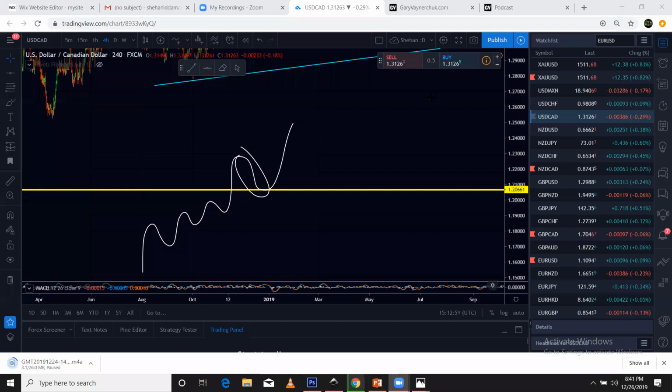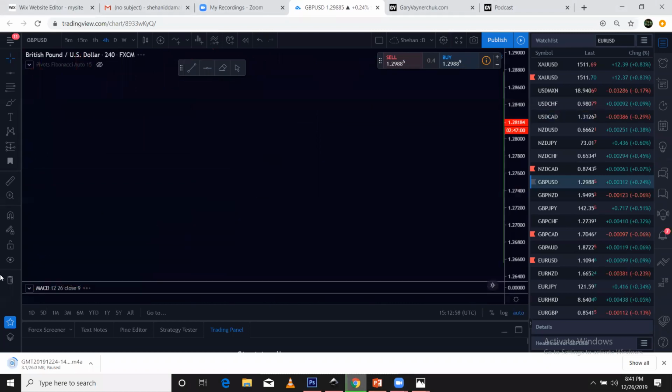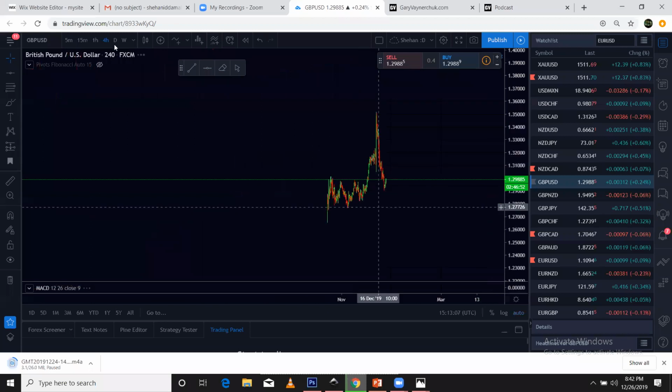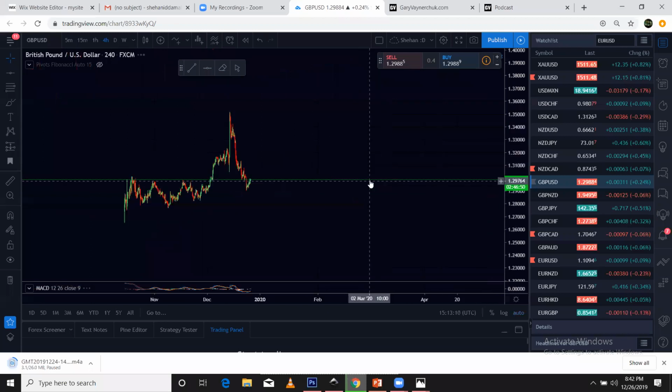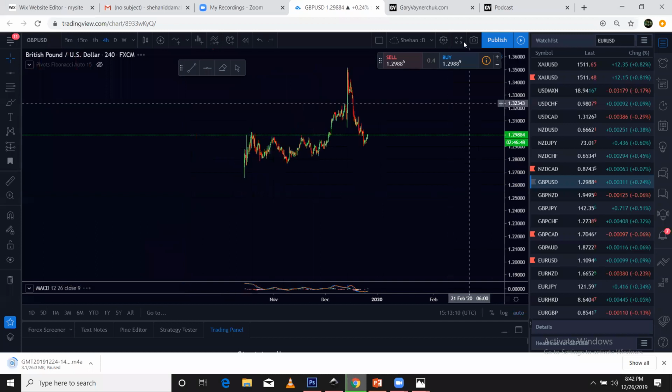But we'll see what's happening with GBP USD, since you asked. Okay, it's right here. I'll just give you an overall idea of what GBP USD is doing.